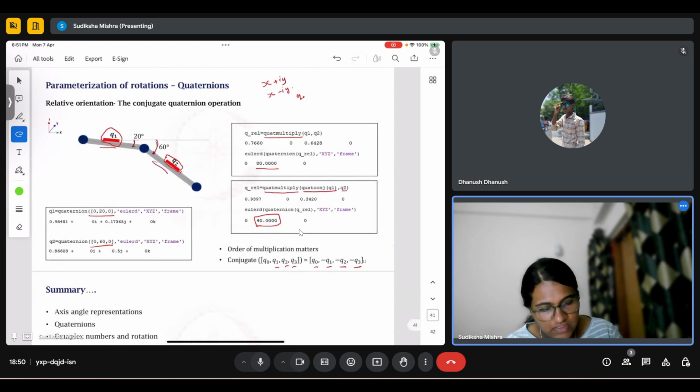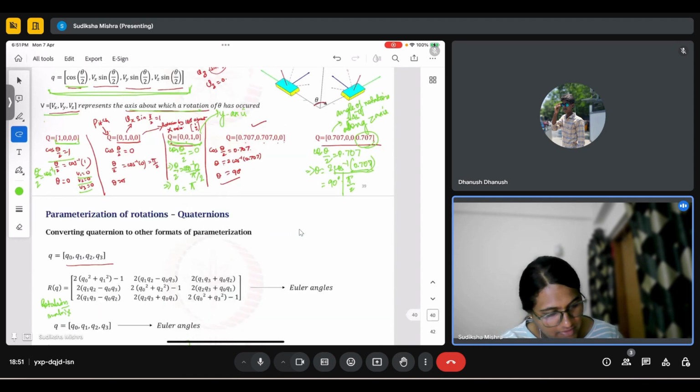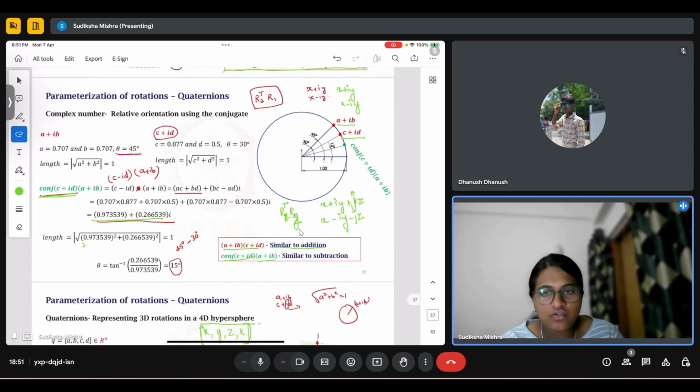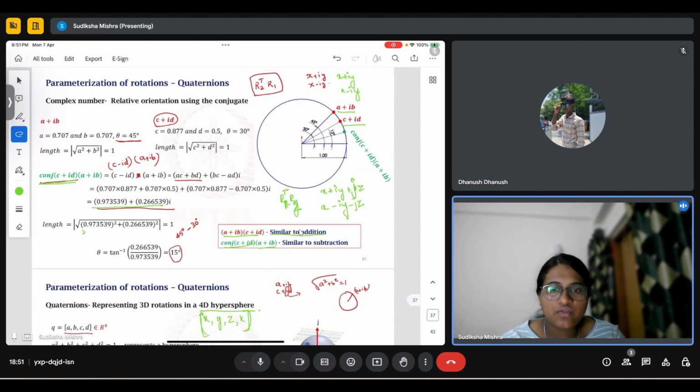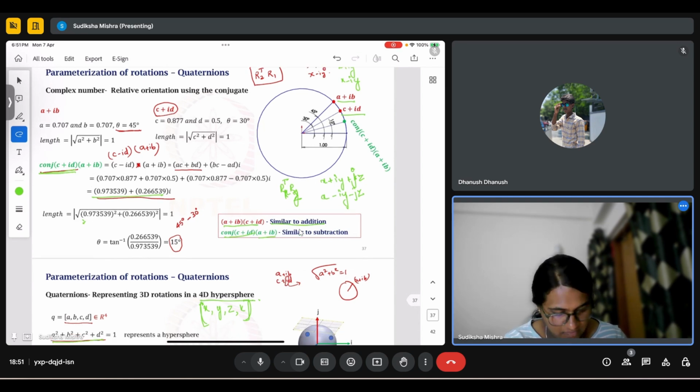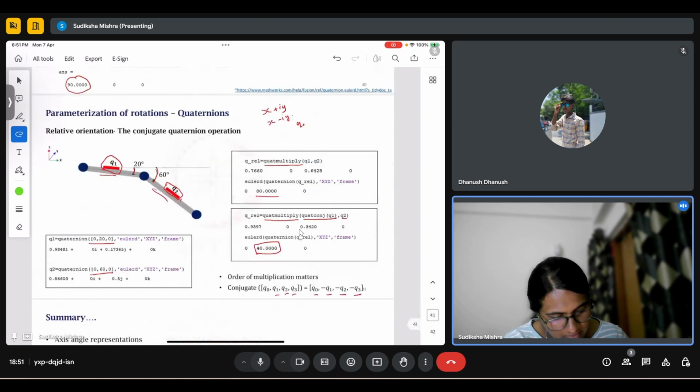To represent what kind of angles are there, similar to what we did here, you can take a conjugate and then multiply, which will give you the difference between both the angles, the relative orientation of sorts. Or you can multiply both the numbers as they are to get the sum of both of the angles, which is what they're doing here.